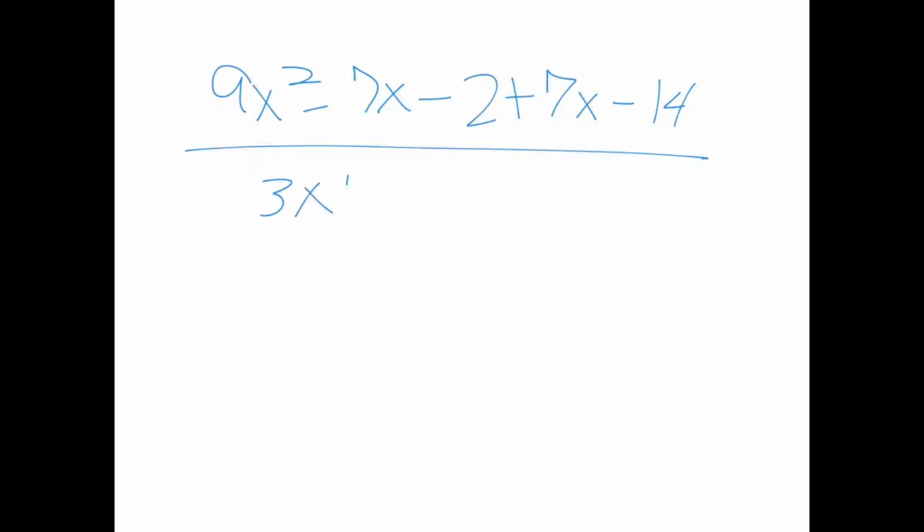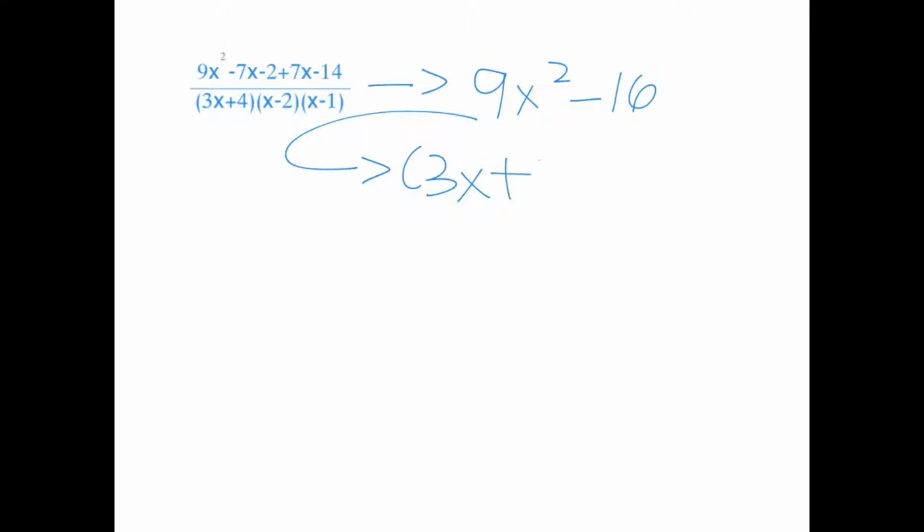Solving the first equation that we got, we will get 9x squared minus 7x minus 2 plus 7x minus 14 all over 3x plus 4 times x minus 2 times x minus 1. Simplifying the numerator, you will get 9x squared minus 16. This will be equal to 3x plus 4 times 3x minus 4.